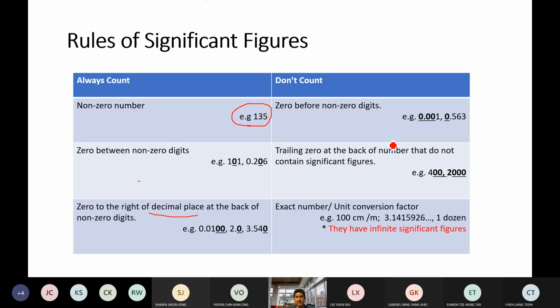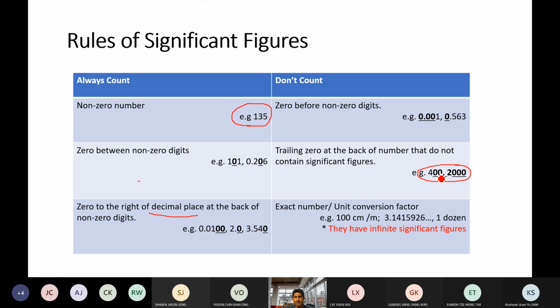So these are significant figures. But if the zeros are before the non-zeros, they are not counted, whether before or after the decimal places. So the front zeros are never counted. The trailing zeros are not counted either, whether the number becomes 1 million or 1 billion.